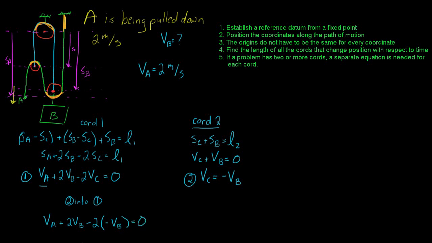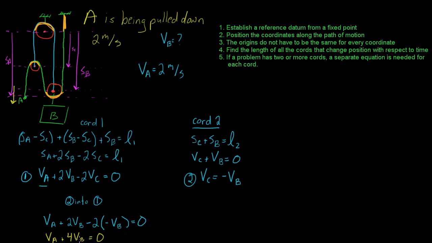And when we simplify this equation, we get VA plus 4VB is equal to 0. And we get 4 because this minus sign times this minus sign is equal to a plus, and we add these VBs together.